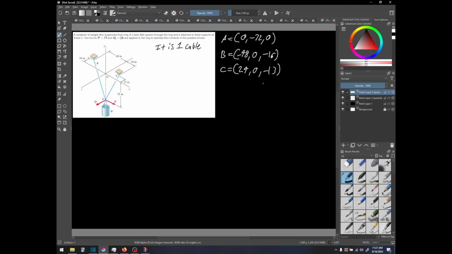So now that we have the points, we can find the vectors of AB and AC. And it's going to be negative 48, negative 72, and negative 16, 24, negative 72, negative 13.